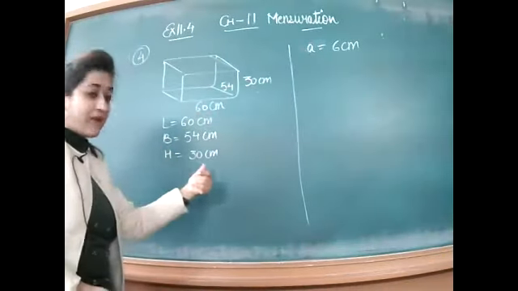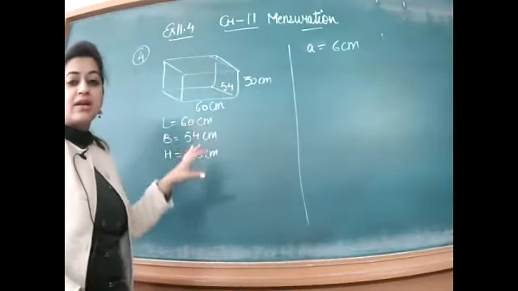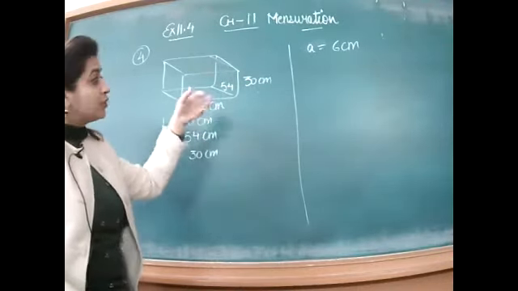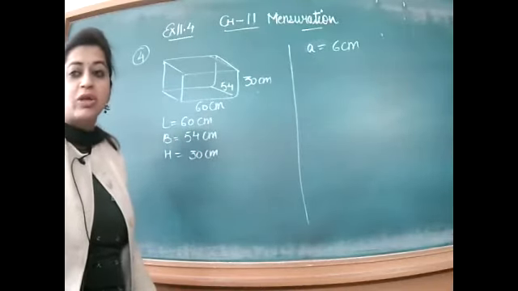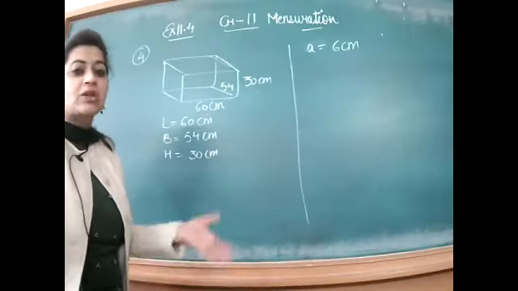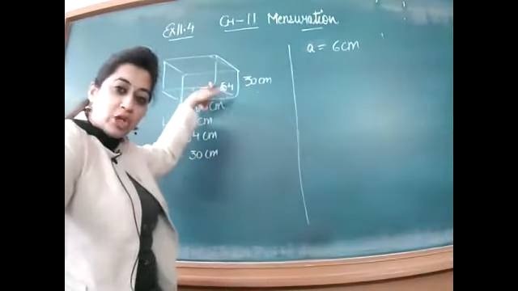What you will do, you will find the volume of this. Actually, we are putting things inside the bigger figure, so that will occupy space. And whenever we are talking about space or capacity, we are talking about the volume. So you will divide the volume of the cuboid with the volume of the cube. Why are we dividing?